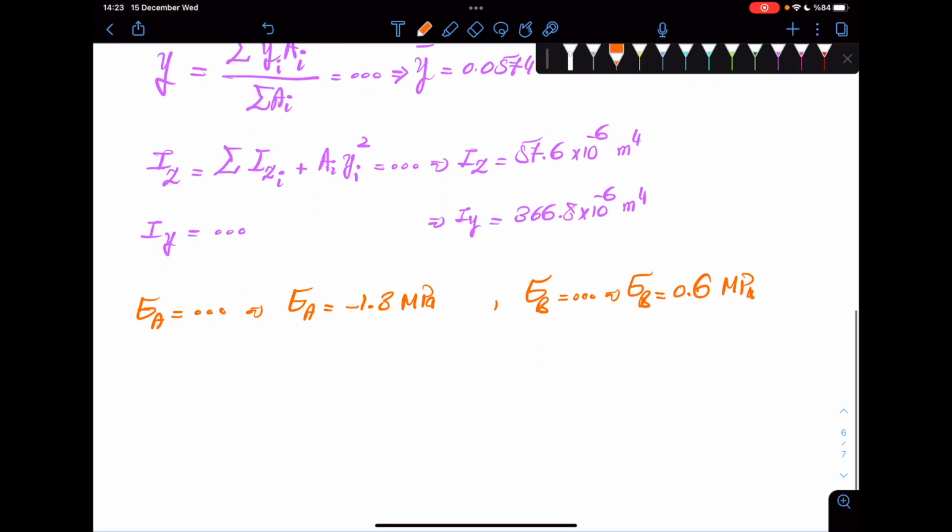This is, let me make it clear, 5.9 megapascal.